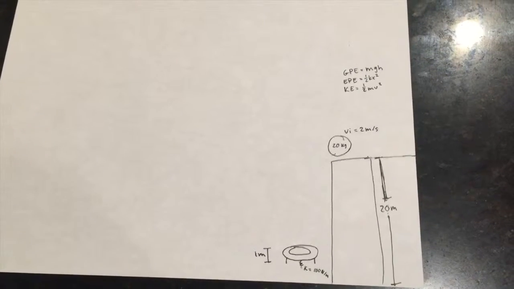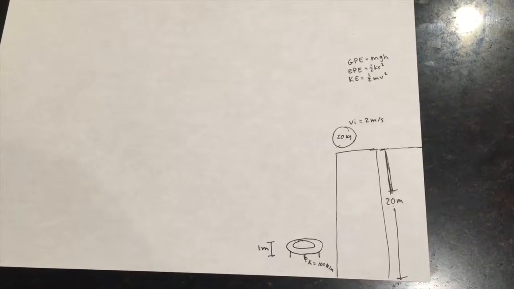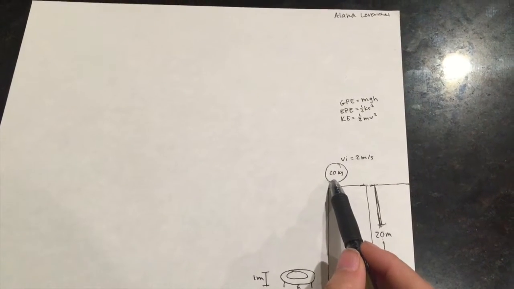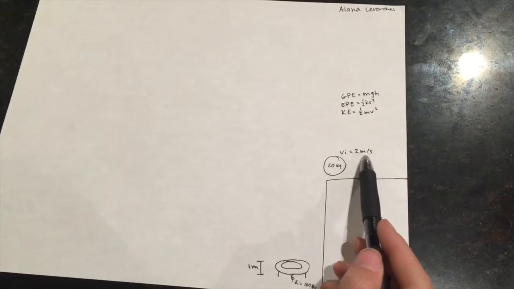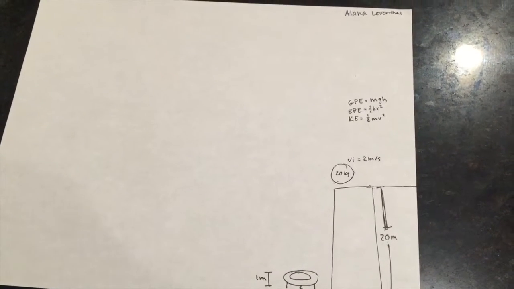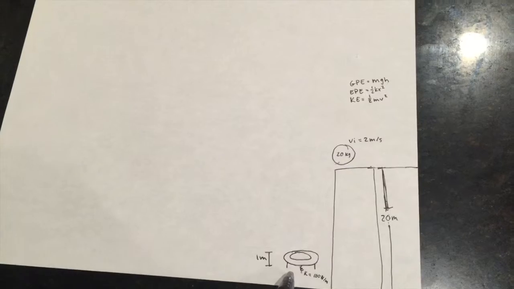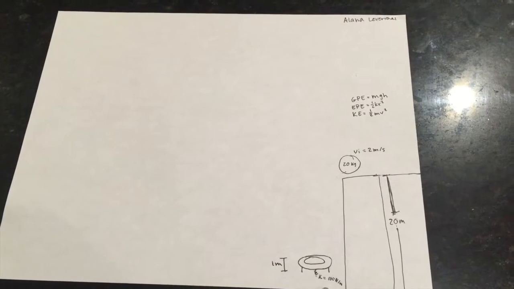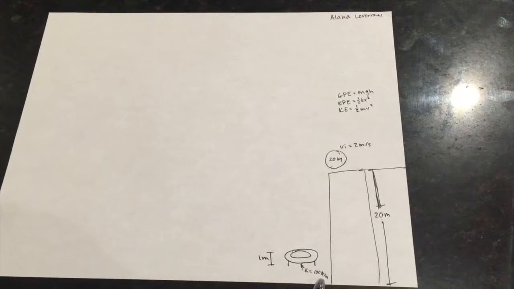In this problem, there is a 20 kilogram ball with an initial velocity of 2 meters per second, and it is at a height of 20 meters. And then on the bottom is a trampoline with a height of 1 meter, and the trampoline has a spring constant of 100 newtons per meter.